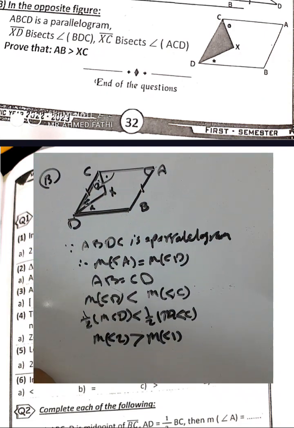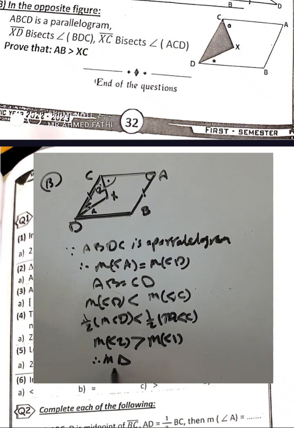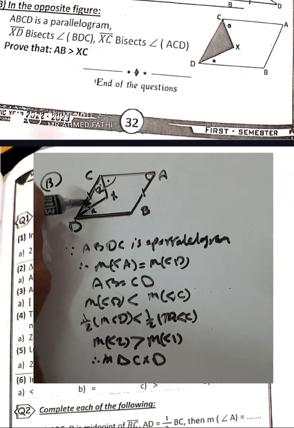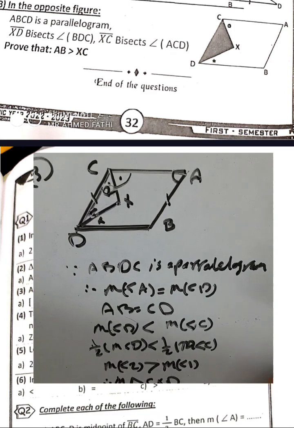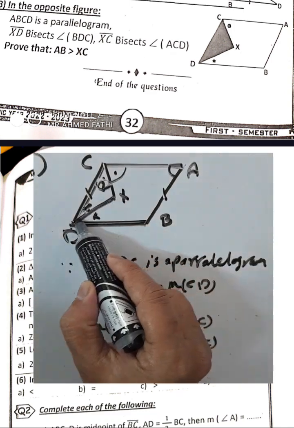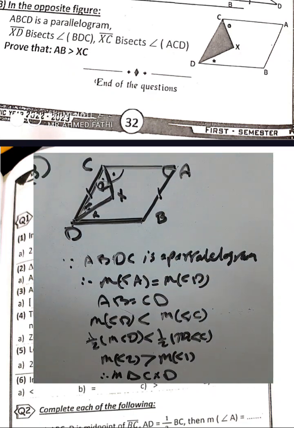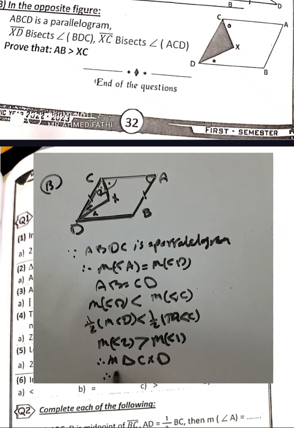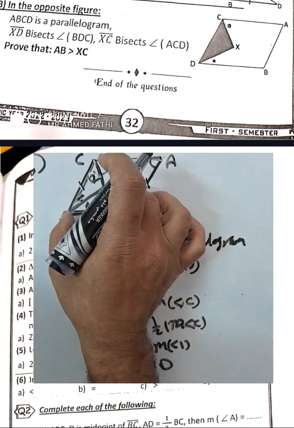Okay, then in triangle CXD, we have different angles here. The measure of angle 2 is greater than the measure of angle 1. Then the opposite side, XD, will be greater than CX. Then DX is greater than CX.